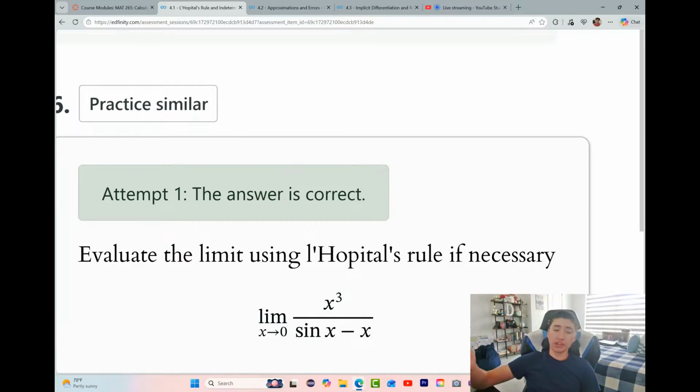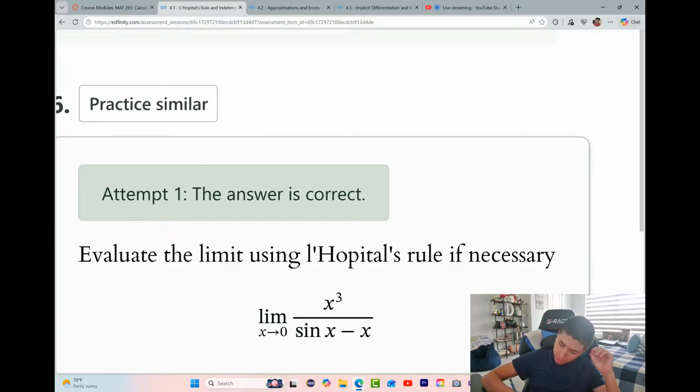So we've got to apply the rule again. We get the limit as x tends to 0 of d/dx of 3x squared over d/dx of cosine of x minus 1. What's d/dx of 3x squared?